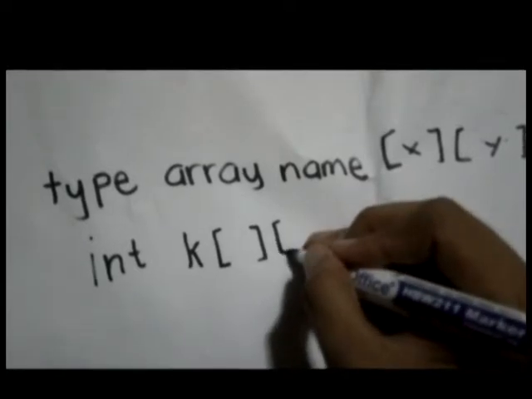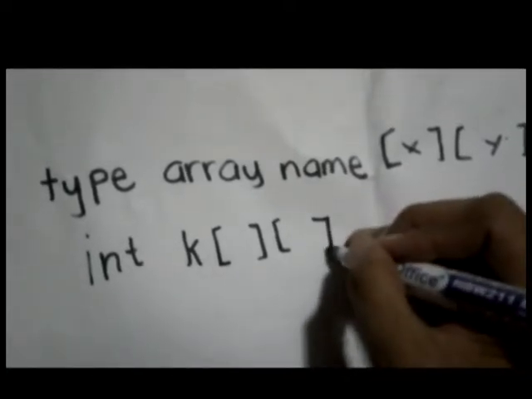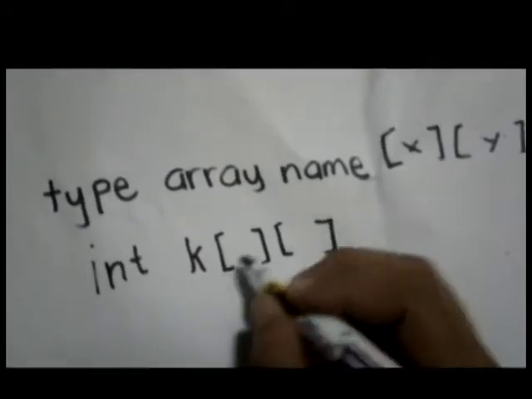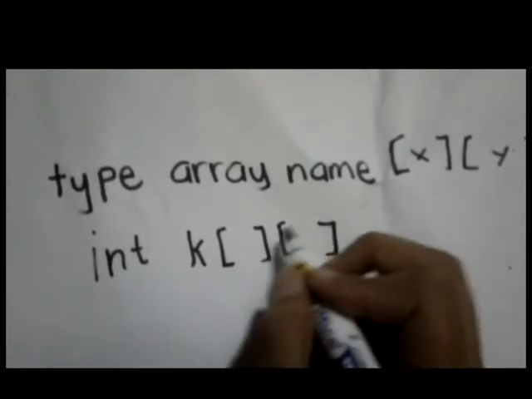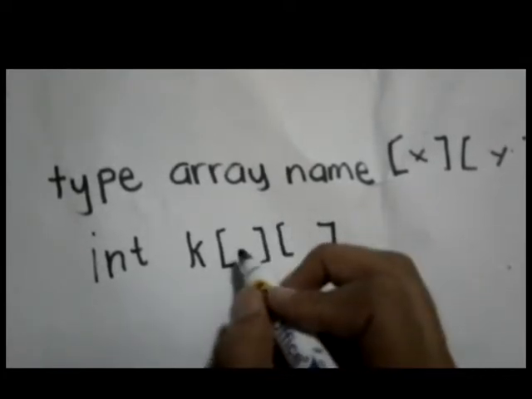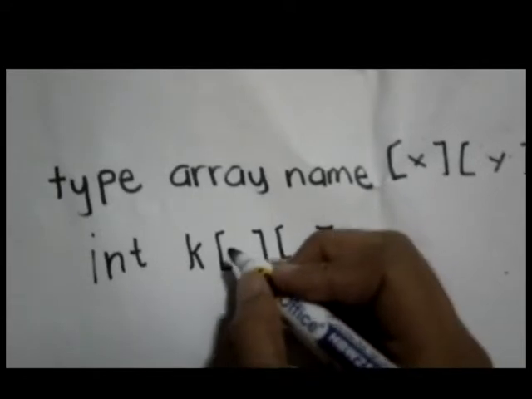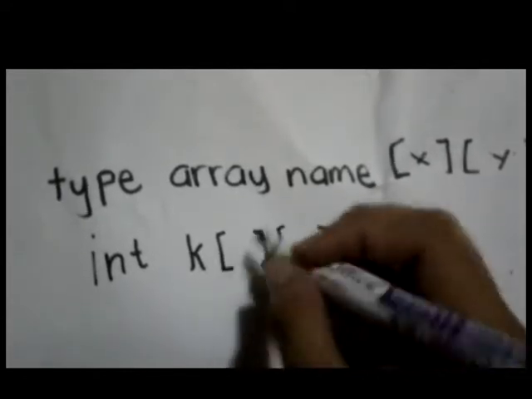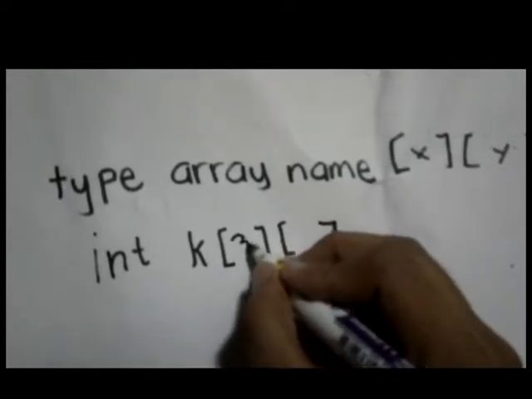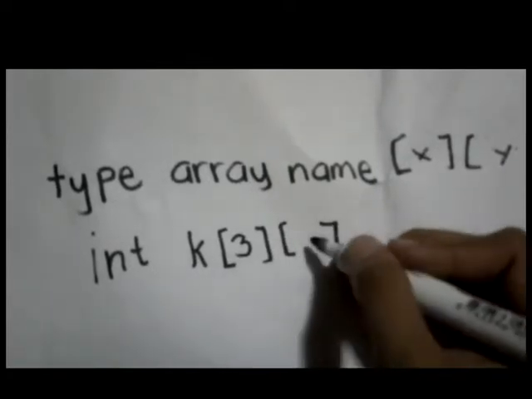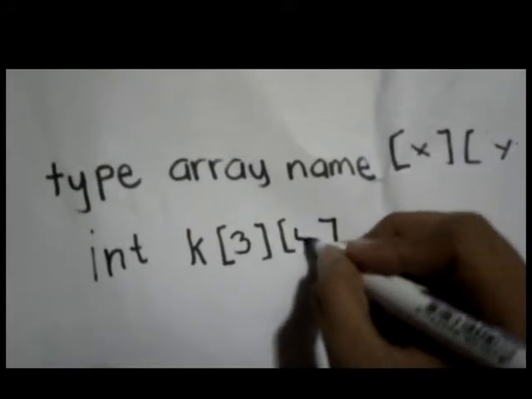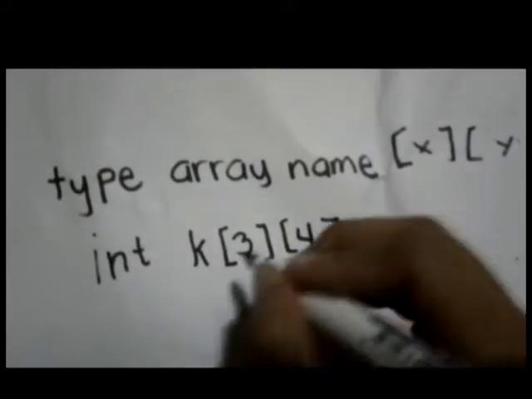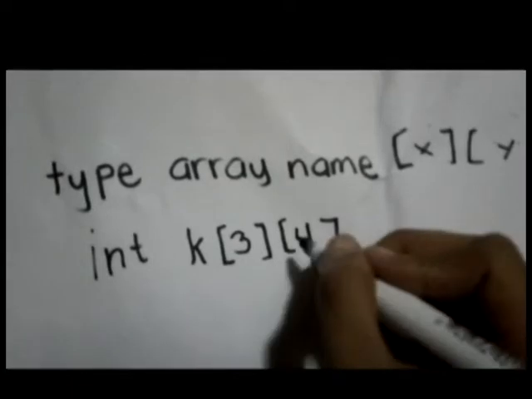We have here a two-dimensional array, so we will use two open and close brackets. You will write the value here that you want to use. So I will use 3 as the number of rows, and here is 4 as the number of columns, or it can be represented as an X and Y.